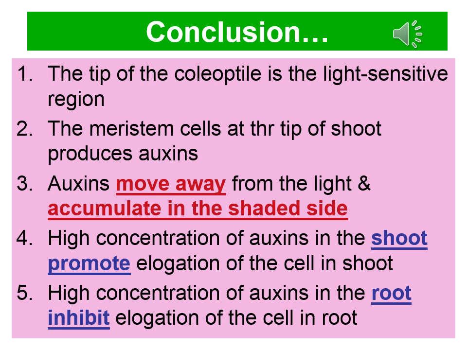Untuk bahagian shoot ataupun bahagian pucuk, high concentration of oxygen, kepekatan oxygen yang sangat tinggi di bahagian pucuk akan menggalakkan pemanjangan sel, promote elongation of cell, tetapi kepekatan yang tinggi oxygen di bahagian akar akan merencat pemanjangan sel. Okay, untuk next slide kita akan tengok macam mana dekat shoot promote cell elongation, dekat root inhibit elongation.